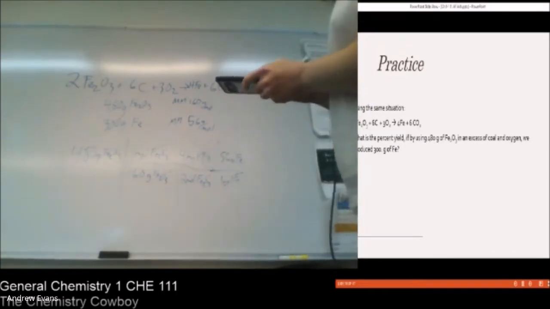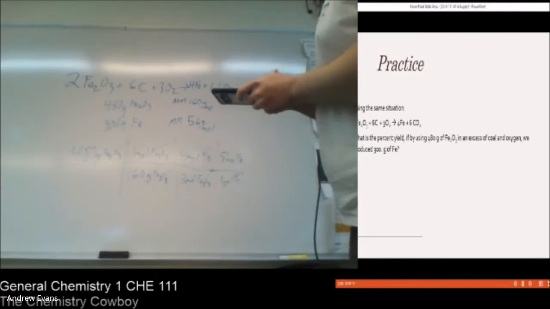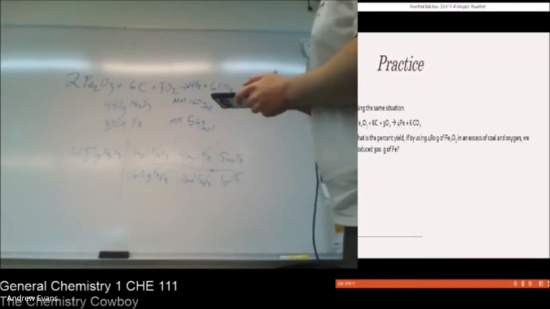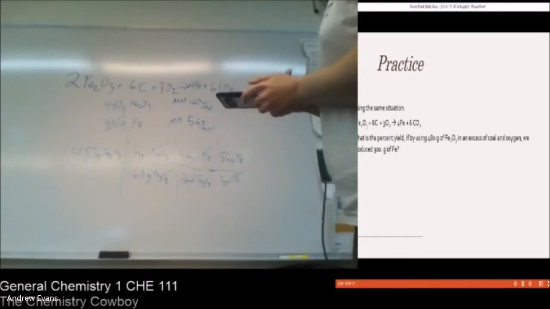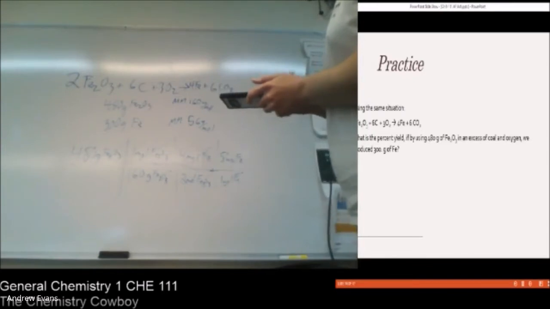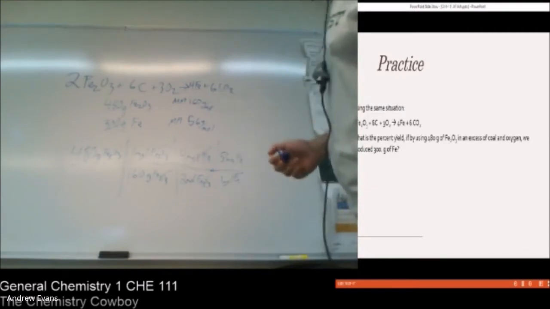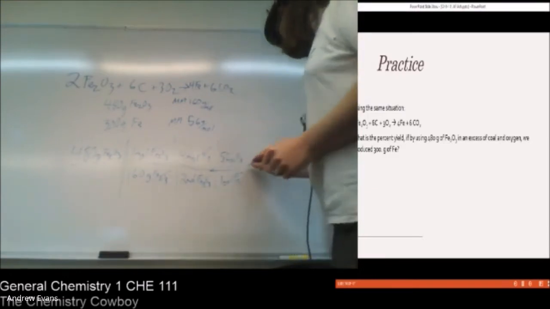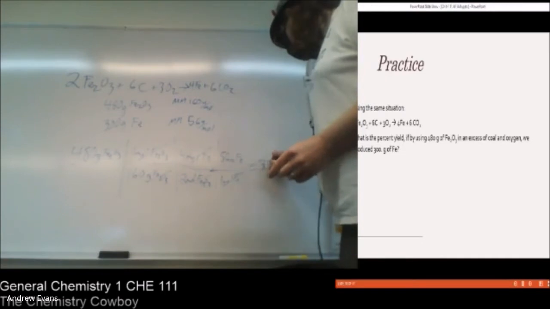So, 480 divided by 160 times 4 over 2 times 56. The theoretical yield of iron is 336 grams of iron.